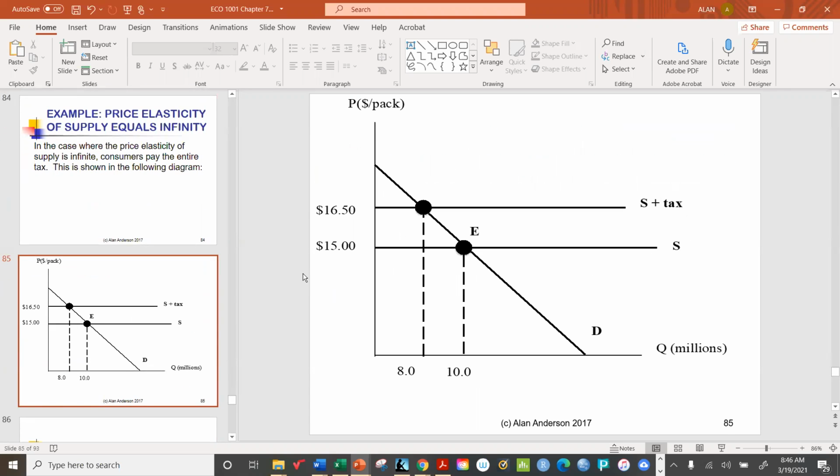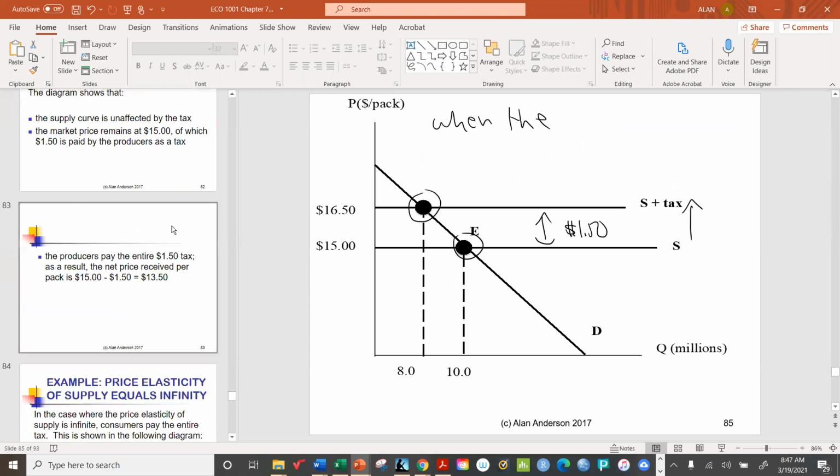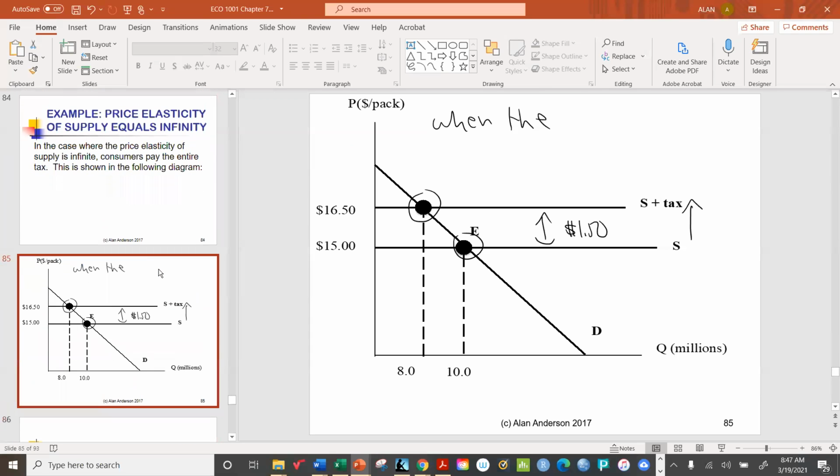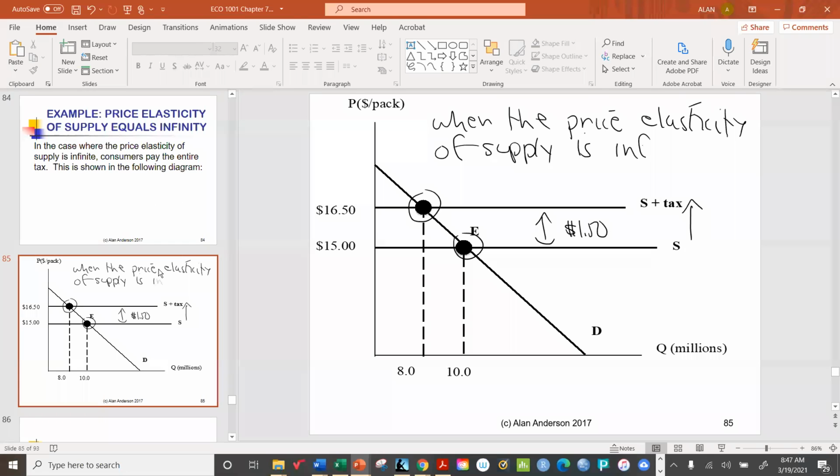Okay, and you can see why, because after there's a tax, the curve shifts up and the new market price goes up by the full amount of the tax. Okay, so when the price elasticity of supply is infinite, the consumer pays the entire tax.